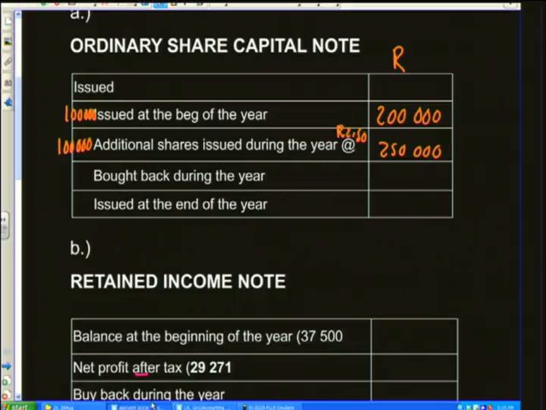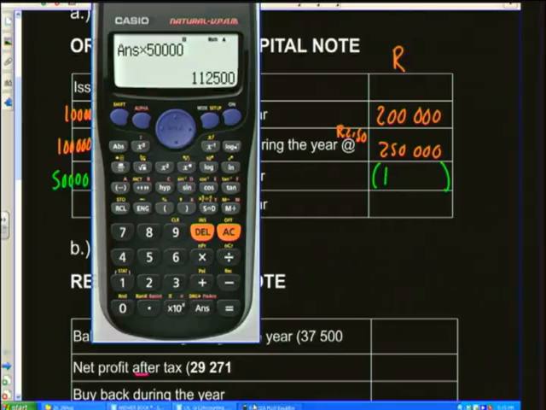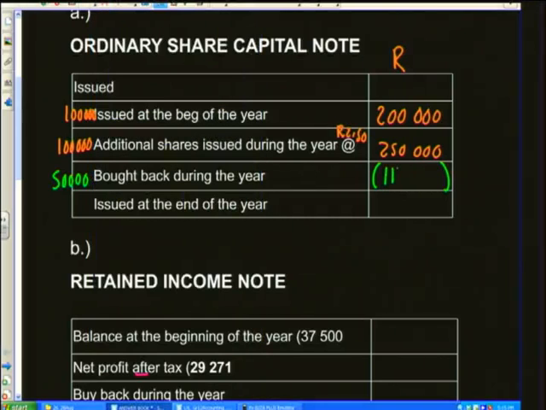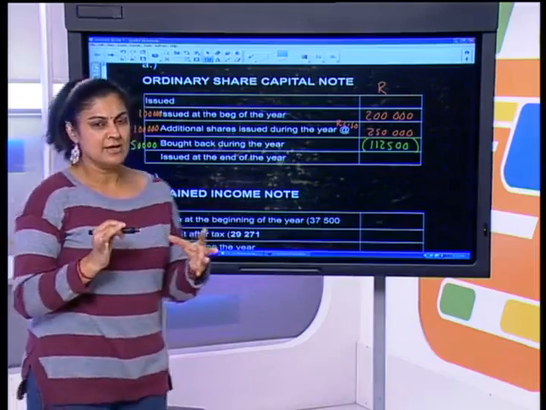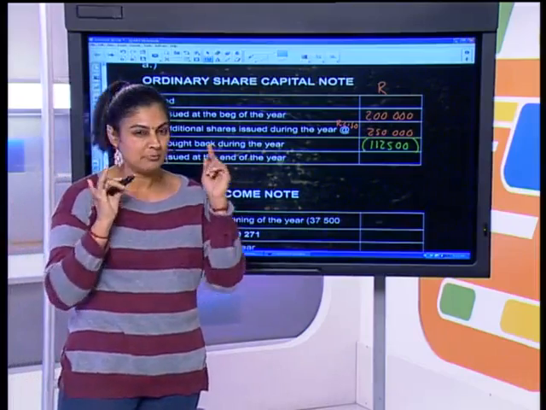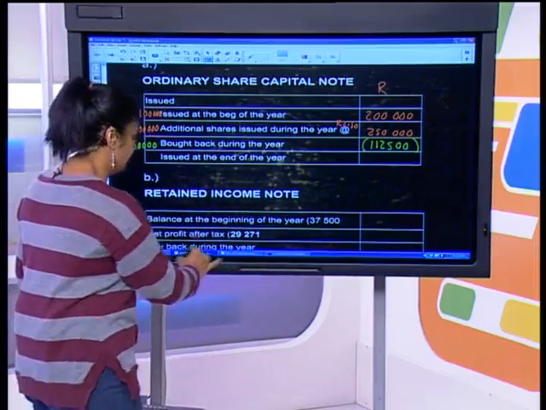The business bought back 50,000 shares during the year, and our share capital reduces by an amount of 112,500. Not difficult, guys. It requires maybe a bit of calculation, but I promise you it's not difficult.